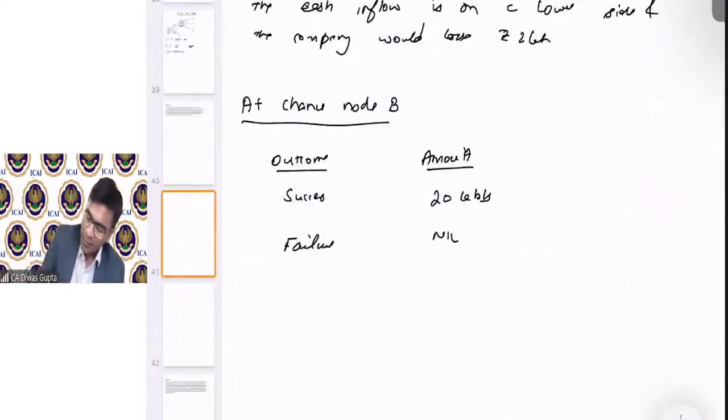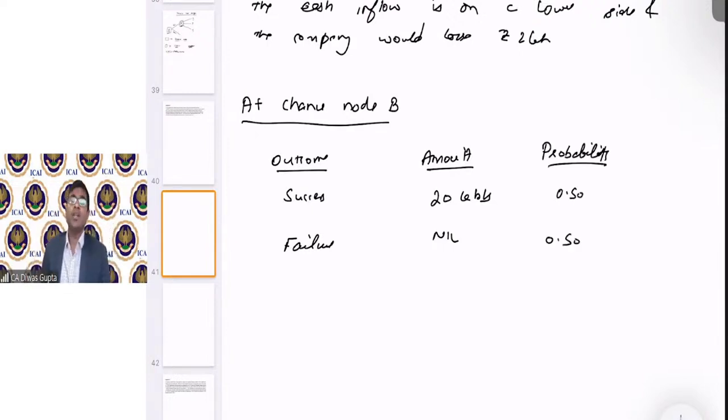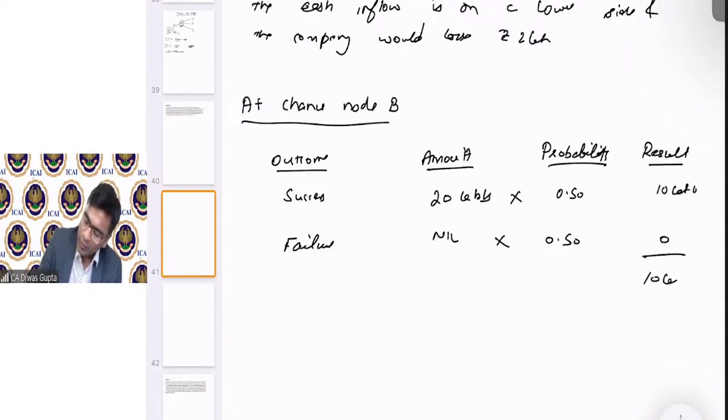This is nil probability. Probability is 50%, correct? For the purposes of B chance node, the result will be to multiply this, simply 10 lakhs and 0. 10 lakhs.